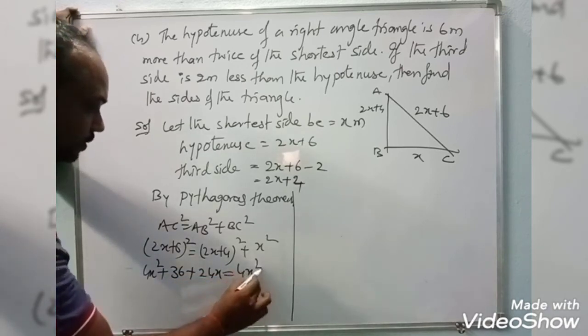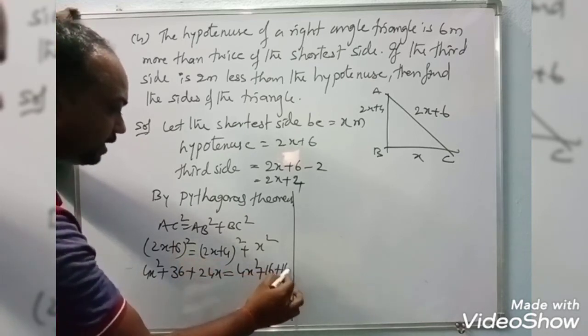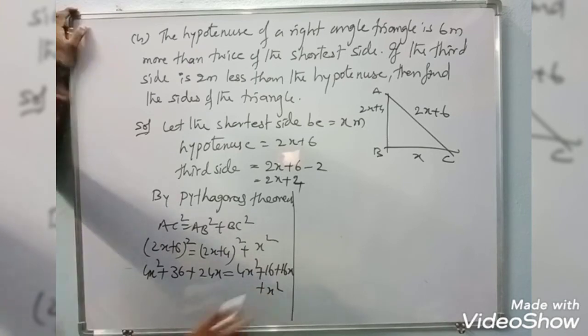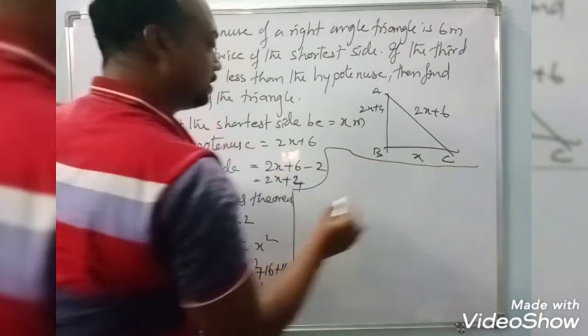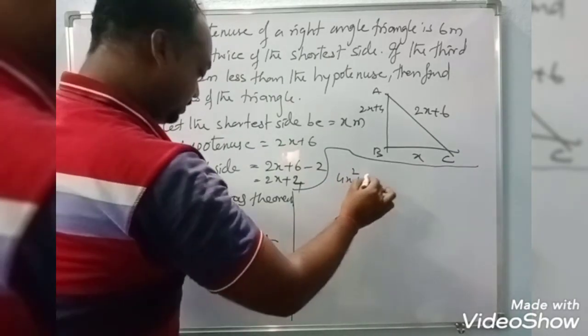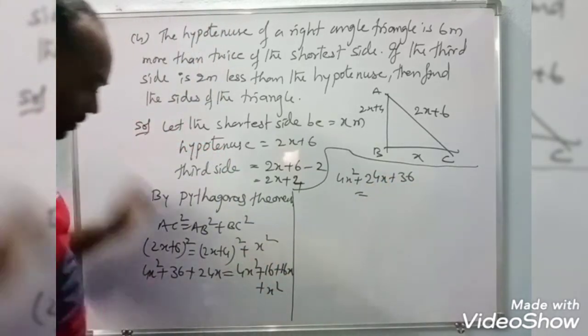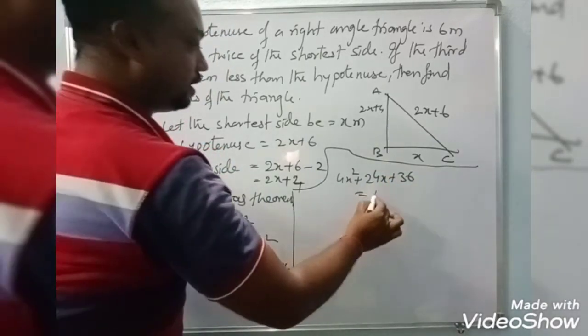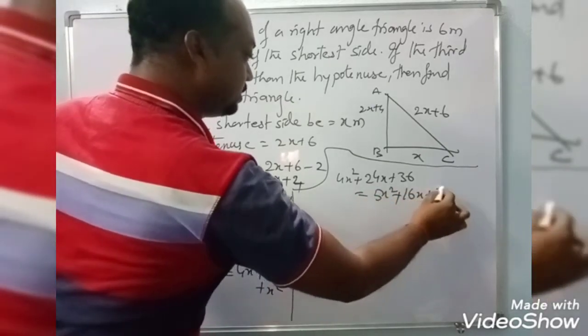4x square plus 16, 4 2s are 8, 8 2s are 16x plus x square. Now here you have 4x square plus 24x plus 36 is equal to 4x square plus x square, you will get 5x square plus 16x plus 16.